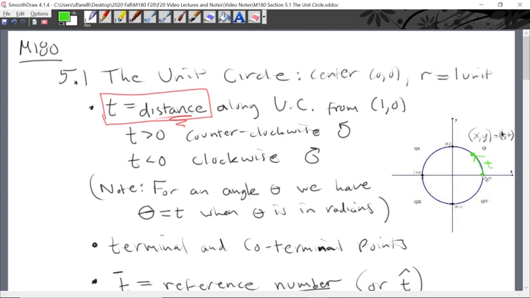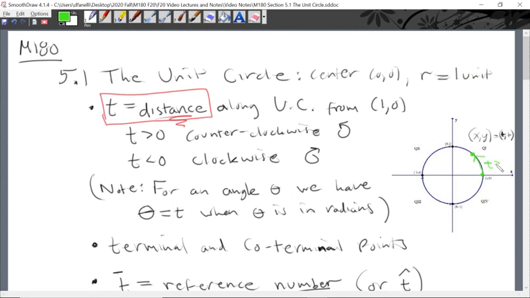I keep saying distance because I'm not talking about angle here. Not angle. T is the distance we traveled in the unit circle from the initial point to a terminal point. If t is positive, then we're rotating counterclockwise. If t was a negative value, then we would have rotated instead in the clockwise direction.